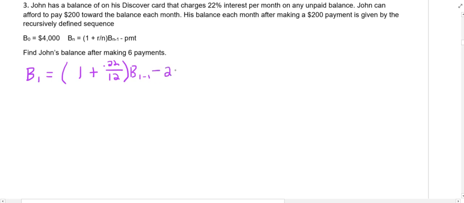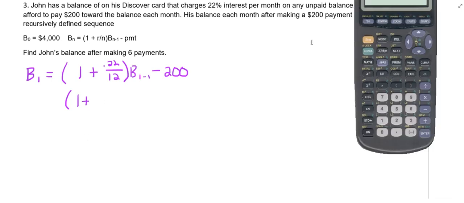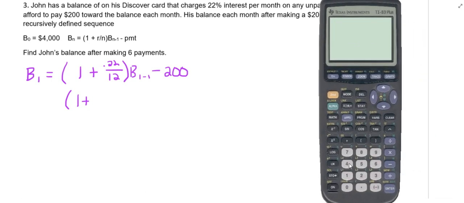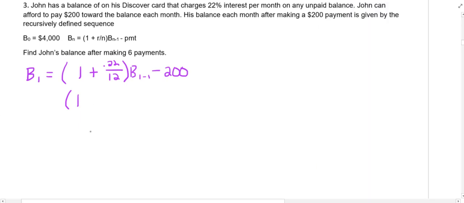So b sub 1 minus 1, that's b sub 0. So this is going to be 1 plus 0.22 over 12. Let's go ahead and just get that. So 1 plus 0.0183, so 1.0183 here.